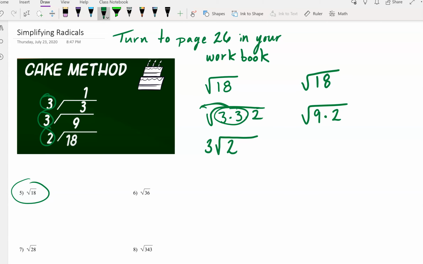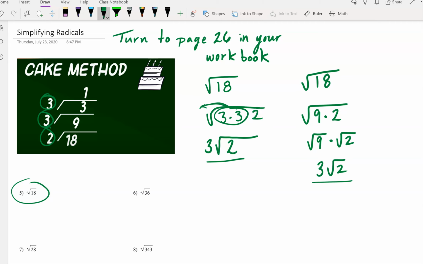I know that 9 is a perfect square. So really what ends up happening is you're taking the square root of 9 and you're taking the square root of 2. The square root of 9 is just 3, and the root 2 remains. So you see in both methods you're going to arrive at that value.